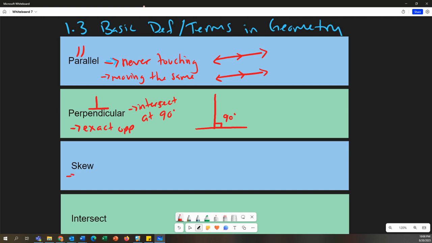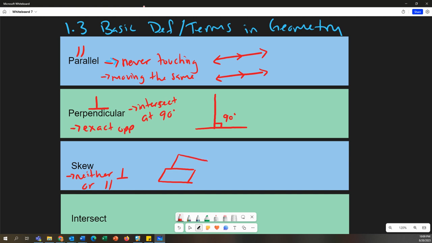Skew means neither perpendicular nor parallel. Okay, so that means they're not moving the exact same direction, but they're still not going to intersect. So remember back in the day when we doodled and we made boxes?